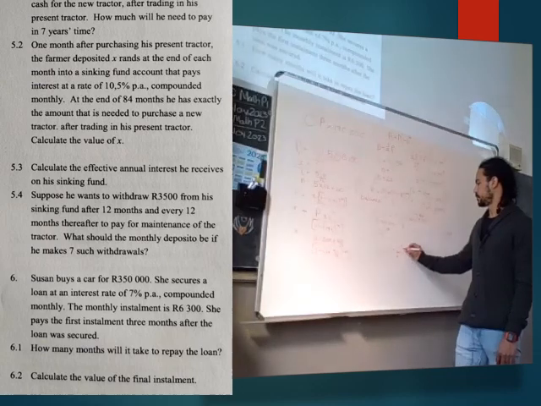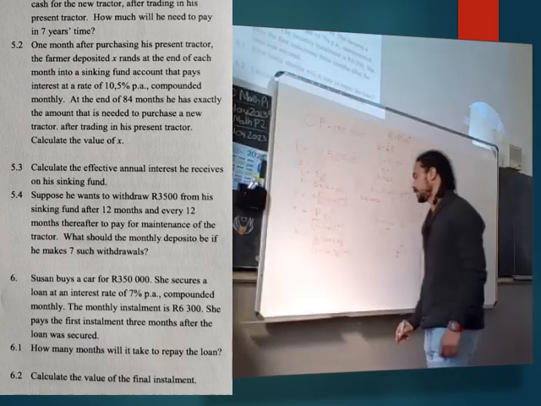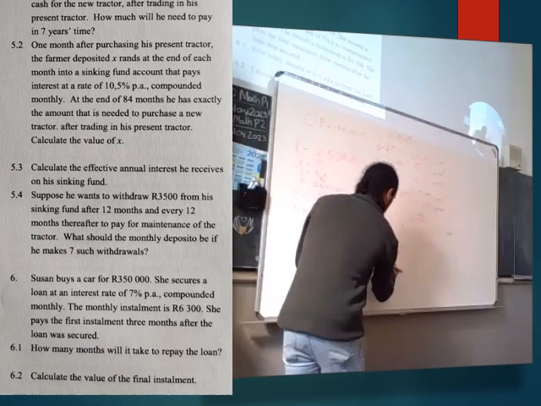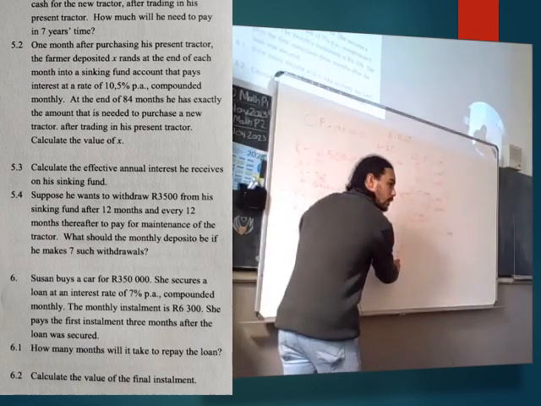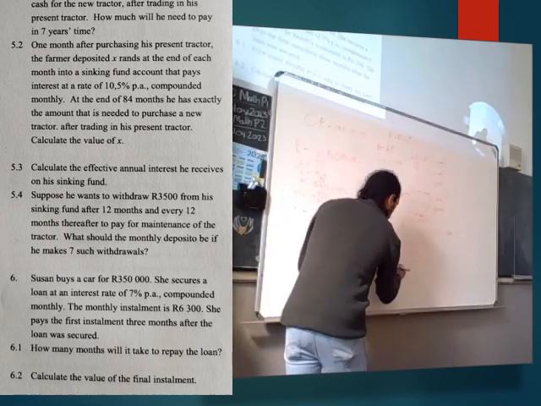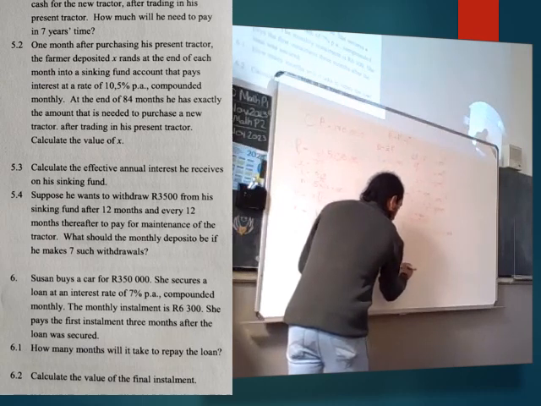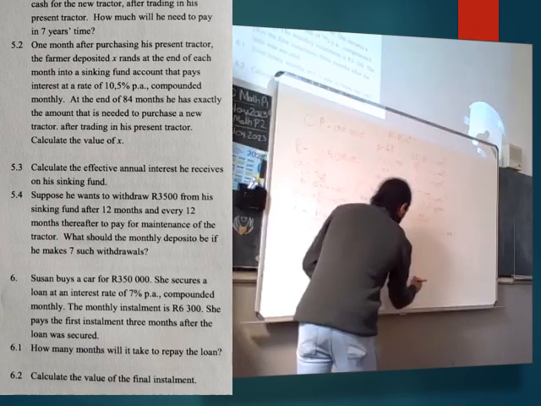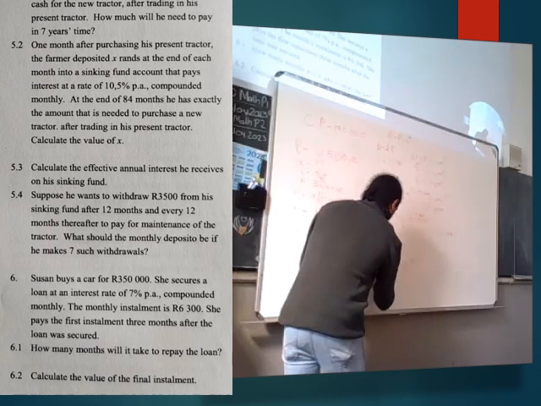So let's substitute. We want to work out the effective interest rate. So we're going to put in the nominal. And what is the nominal rate we're receiving? It's 1 plus 0.105 divided by 12, to the power of 12, minus 1. And then you type that into the calculator.